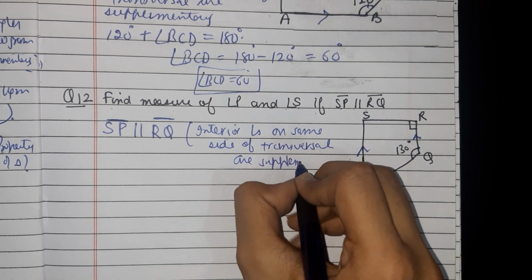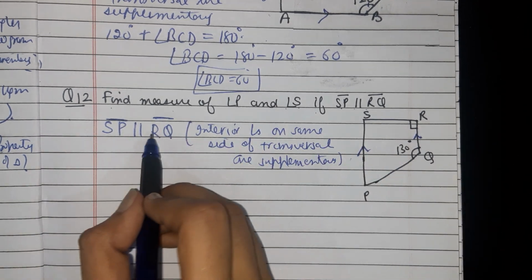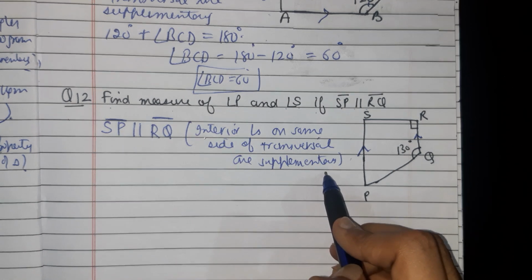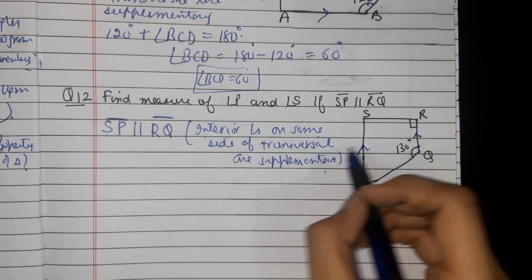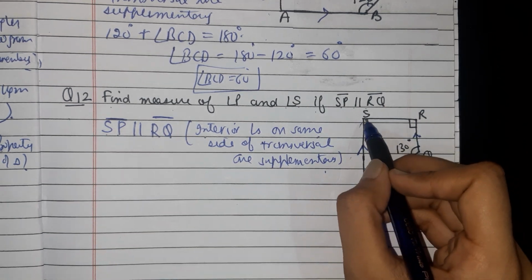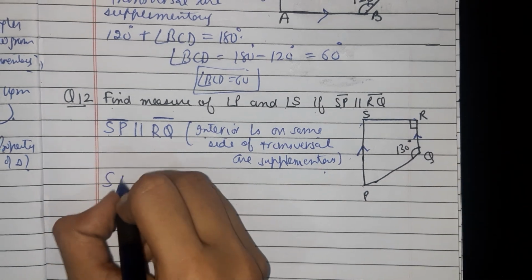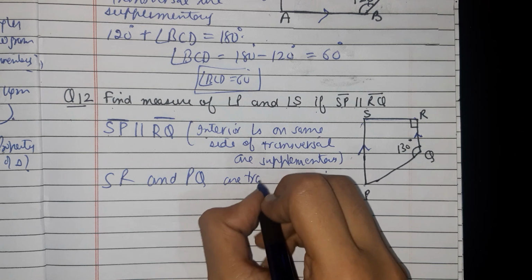This is the property. So we have SP parallel to RQ, and we have two transversals, SR and PQ. They both are transversals.